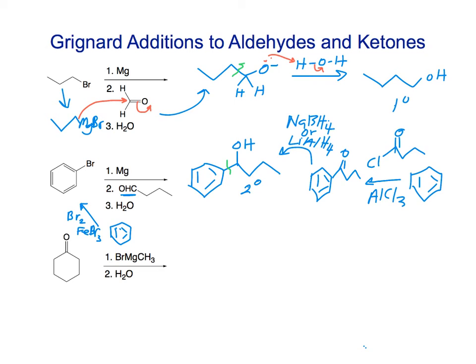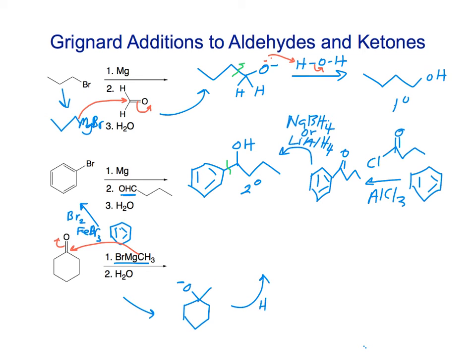Okay? If we start with a ketone, I kind of switched this one around. Instead of starting with the halide, I'm starting with the actual carbonyl now. And we're just starting with this methyl magnesium bromide. Okay, so that can add to our ketone. The electrons go up on top. If we were drawing the mechanism here, we would get O minus here, and we added a methyl group.